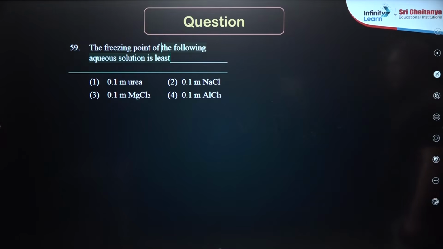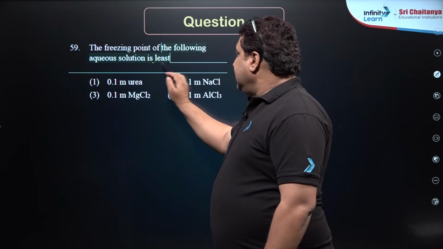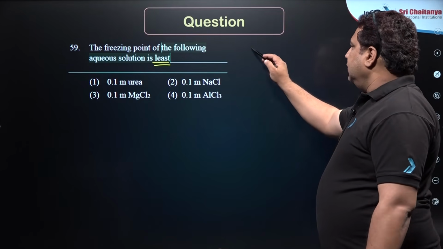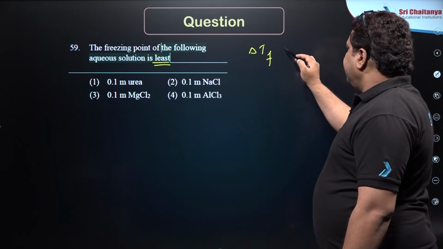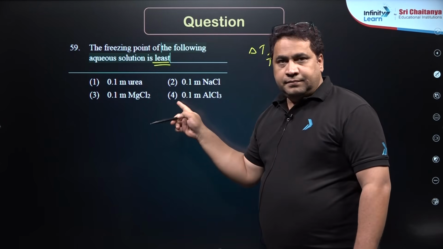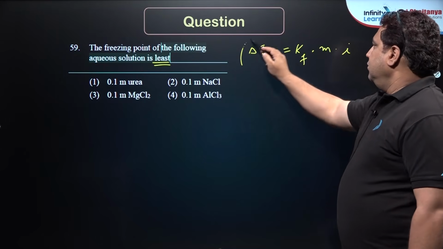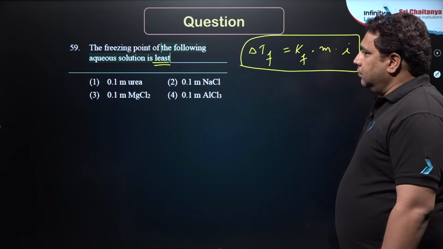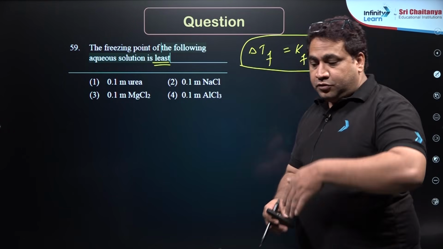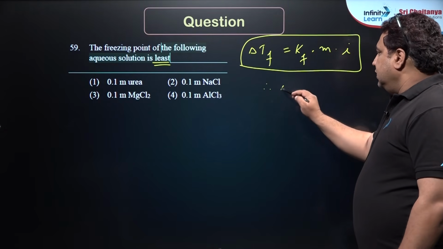Next, the freezing point of the following aqueous solution is least. We know that delta Tf is equal to Kf into molality into Van't Hoff factor i. Molality is given everywhere, so by this equation you can solve. Freezing point least means more cooling is required.